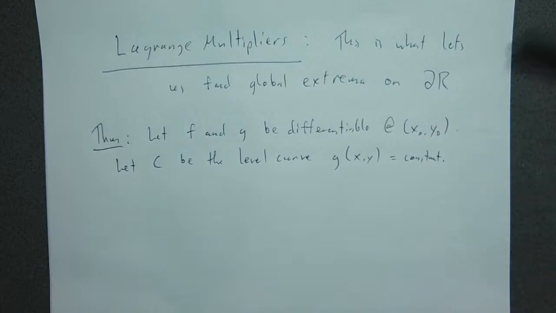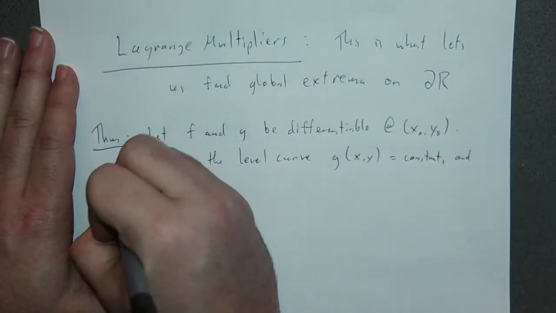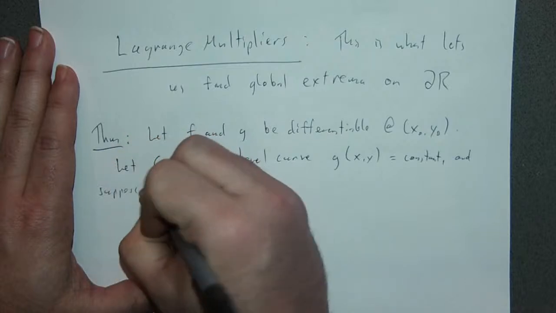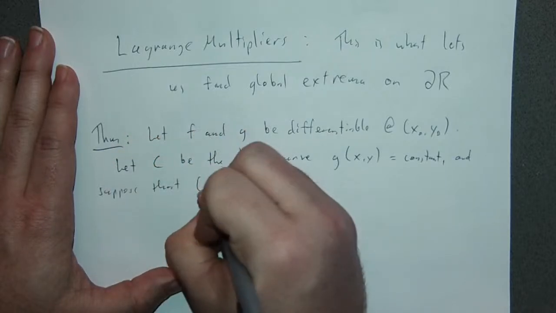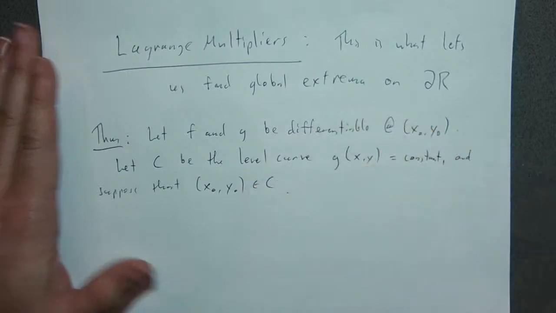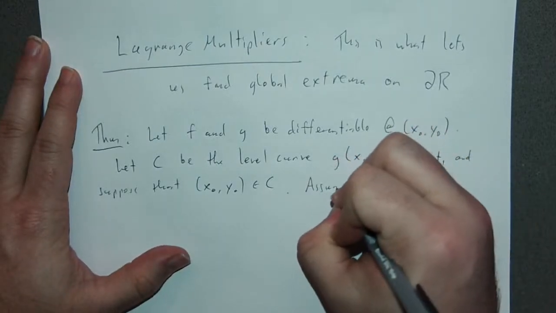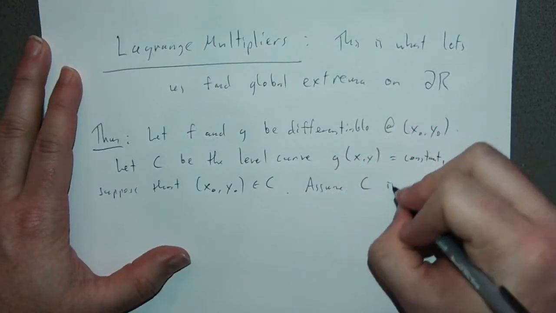Okay. And suppose that (x naught, y naught) lies on C, this level curve. Assume that this level curve C is smooth.